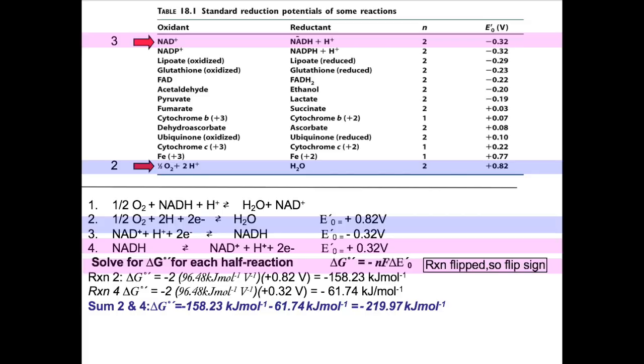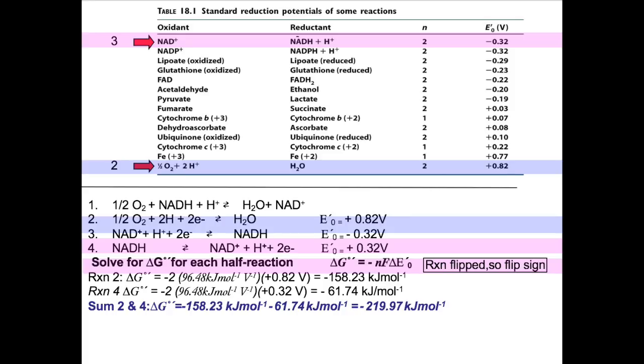And we get negative 158.23 kilojoules per mole. And now for reaction number 4, the final value is negative 61.74 kilojoules per mole. So we're going to add reactions 2 and 4 together to get negative 219.97 kilojoules per mole.